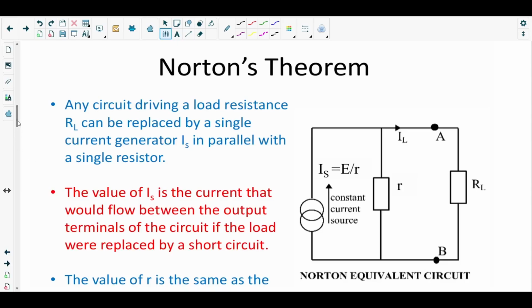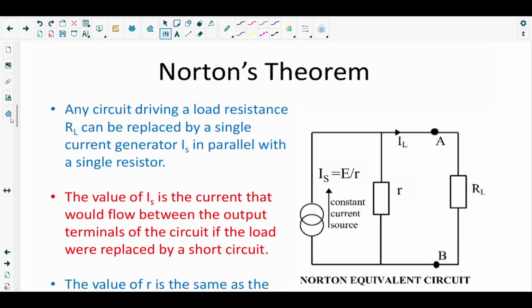So Thevenin's theorem tells you the voltage that will be available for the load resistor when you connect it to the original circuit. So voltage is cleared. Now remaining is the current. Norton's theorem will tell you the current, like how much current will the load resistor get from the original circuit when it is connected there.